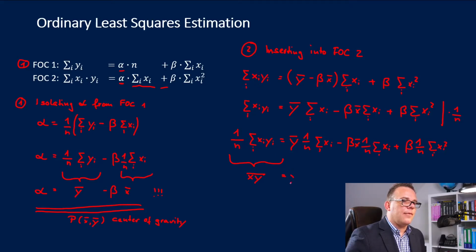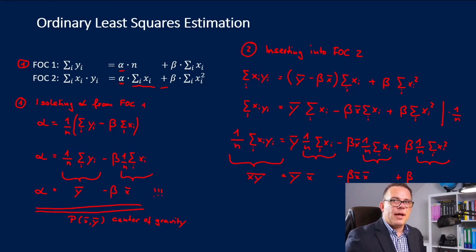Then we have epsilon bar, and then we have the arithmetic mean across all x, so we have x bar here. Then we have minus beta x bar, and again x bar, plus beta, and what do we have here?